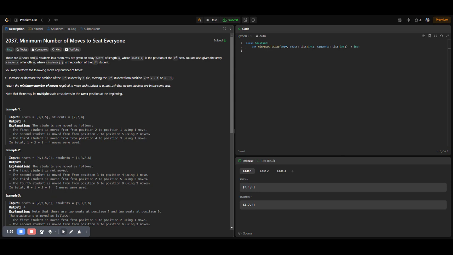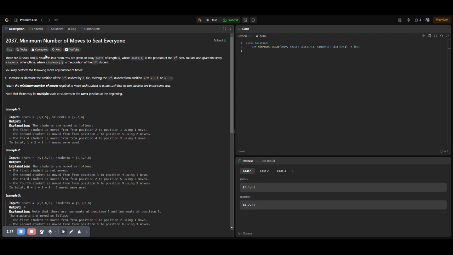So we have a room. In the room, we have seats, suppose you can consider them as chairs, and the students available in the room. The number of chairs and the number of students are equal.